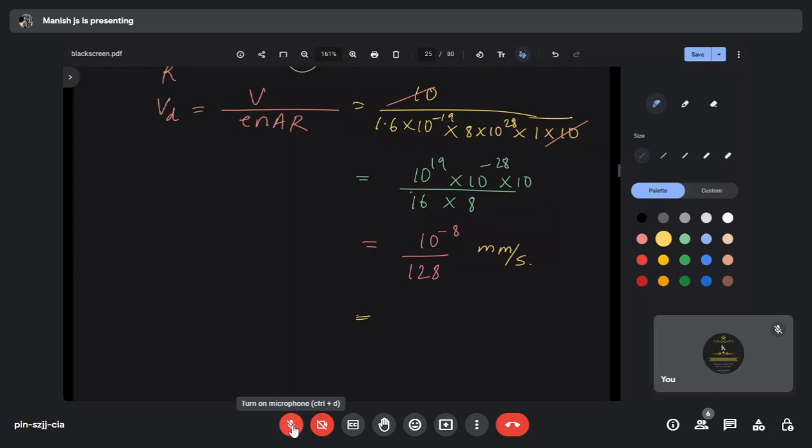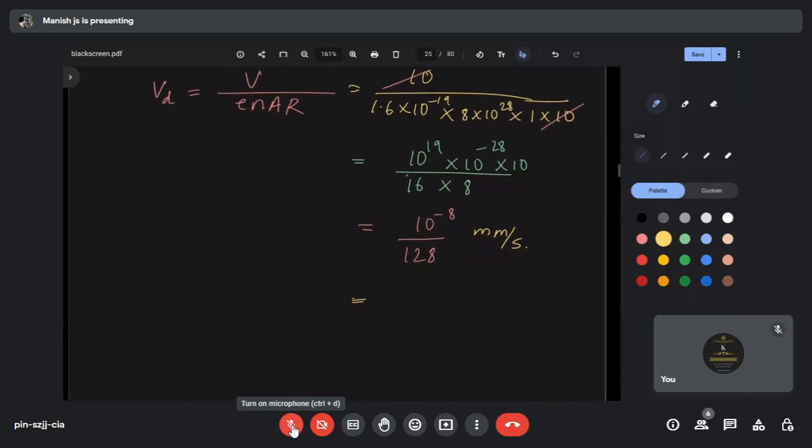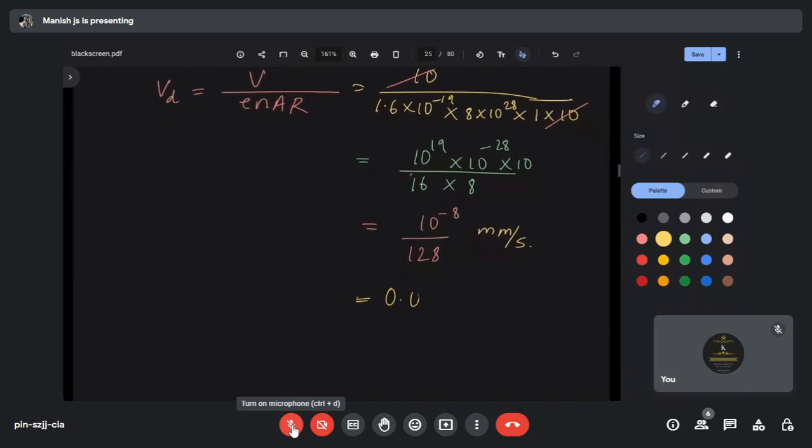We need at least two decimals, one more value. Significant figures, we need one more. After 7, what comes? 8, 0, sir. 0.0078, sir. 0.0078. Correct. Okay, so we'll get it like this, into 10 to the power minus 8.